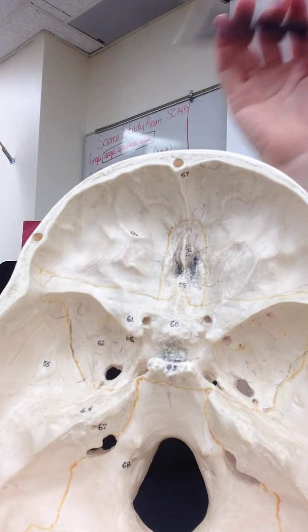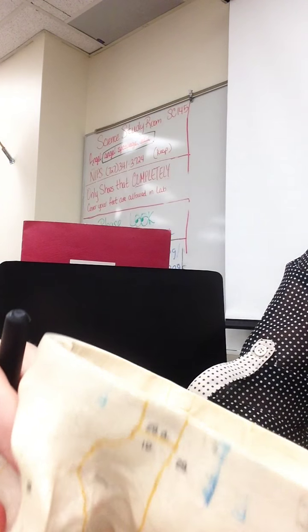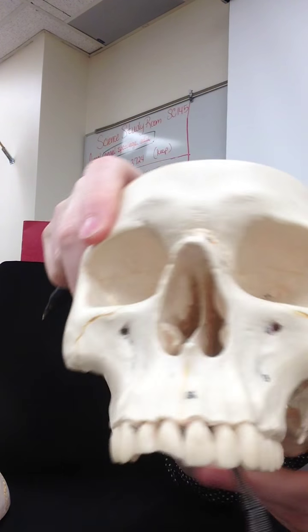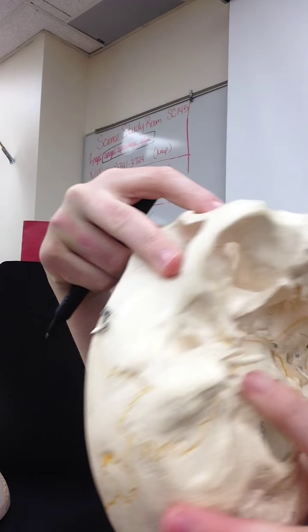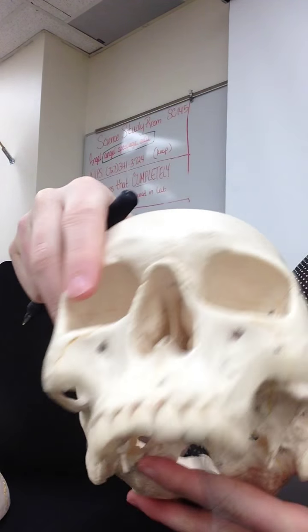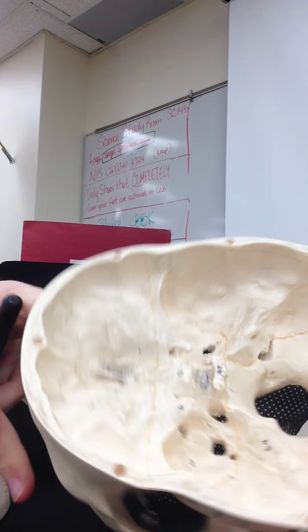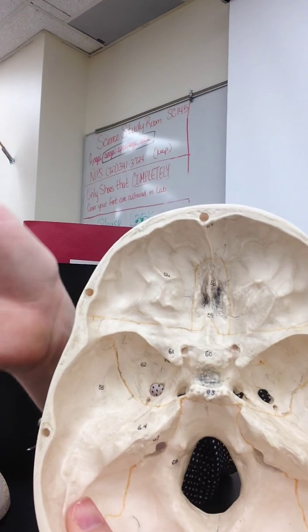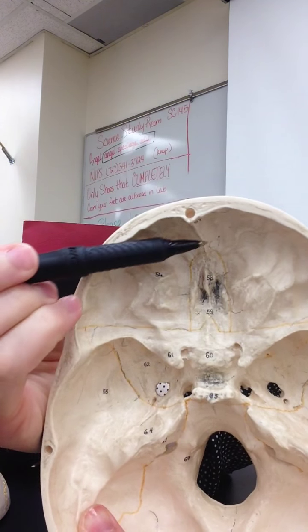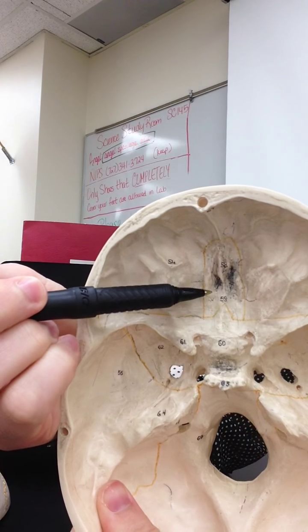The last part of the ethmoid bone that I want you to know, that you really can't visualize very well because it can't be visualized on the skull, is your perpendicular plate. You can see how the Crista Galli runs from anterior to posterior.